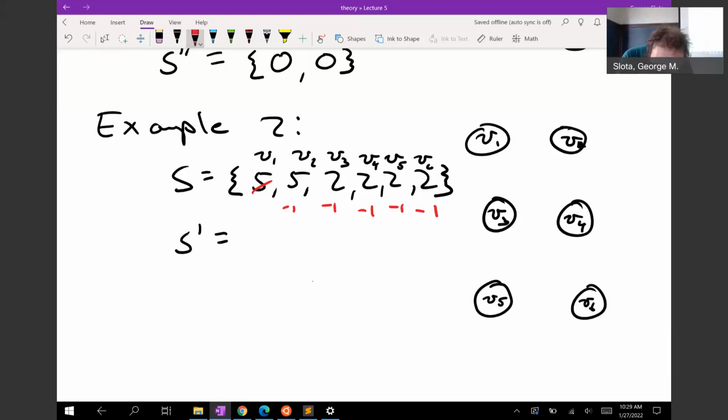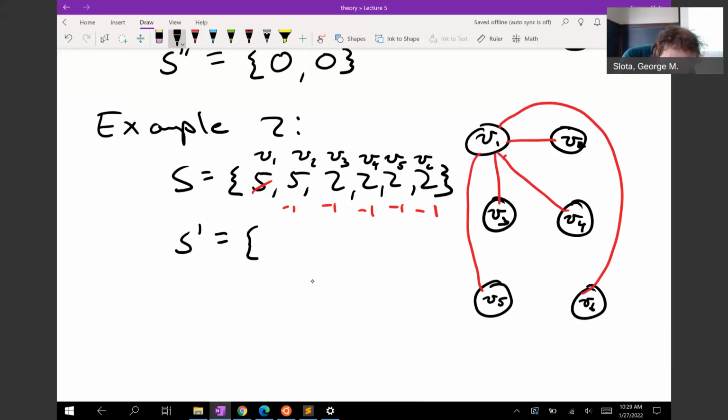So from V1, we essentially have an edge to all 5 other vertices. Our S prime: 4, 1, 1, 1, 1.